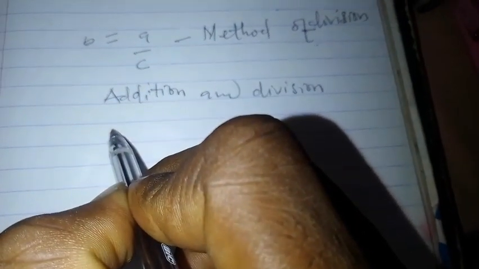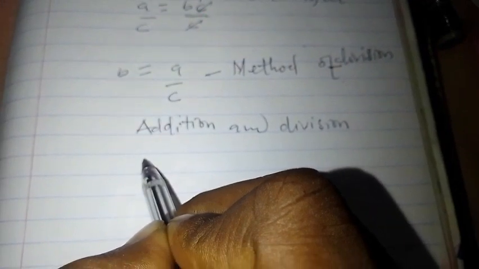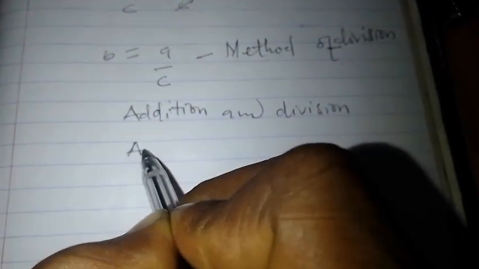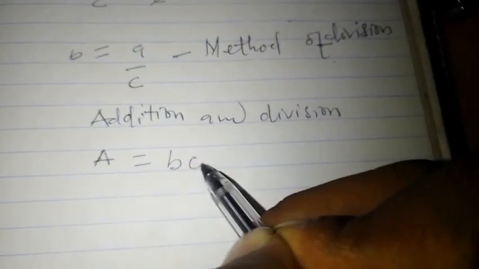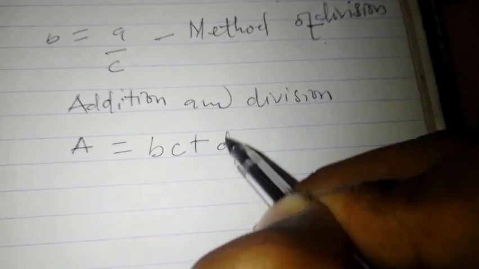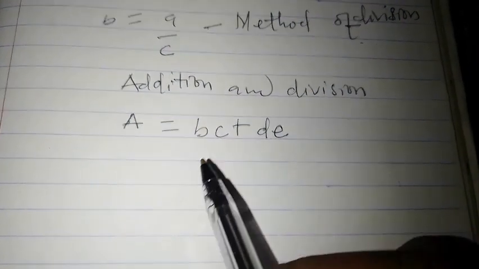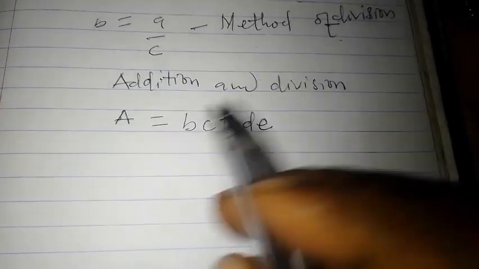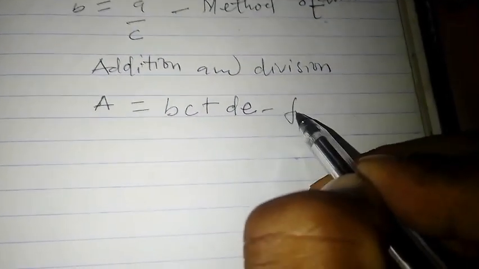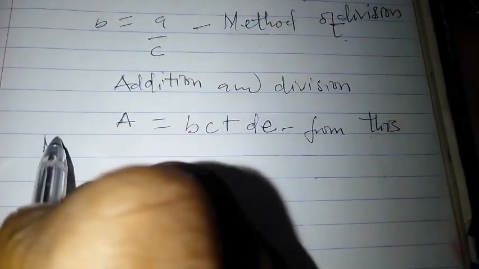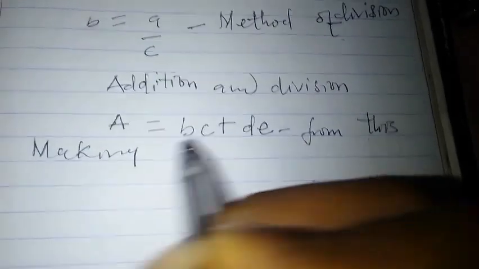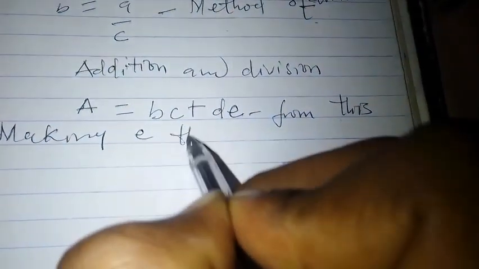So we have here A equals BC plus DE. This is how these things work. So we are making E the subject.